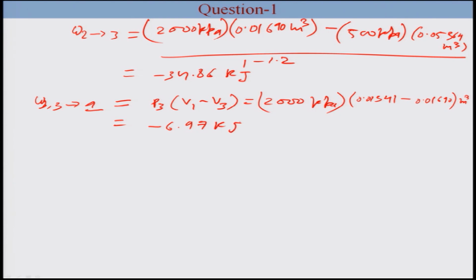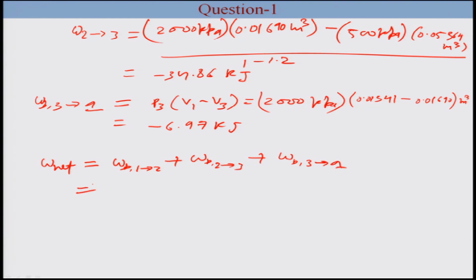Finally we have to calculate the net work for the whole process. The net work of the whole process will be the sum of the work in each process. So W net will be W from state 1 to state 2, plus work done from state 2 to state 3, plus W from state 3 to state 1.